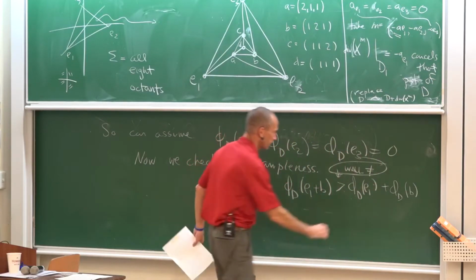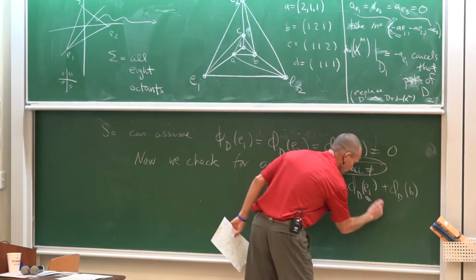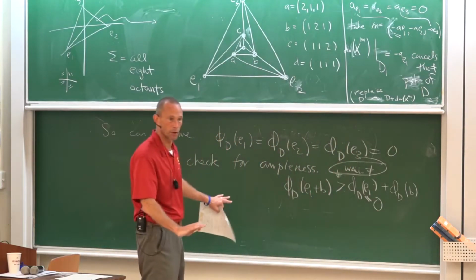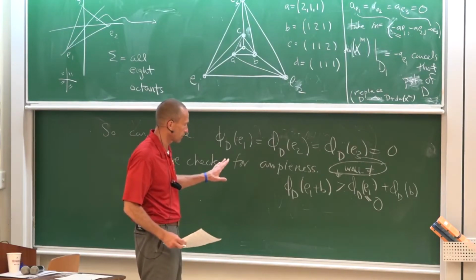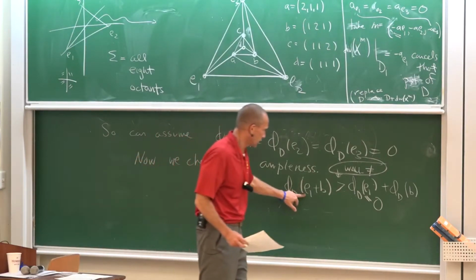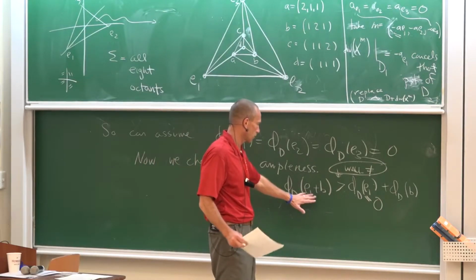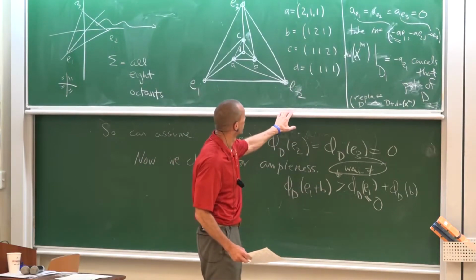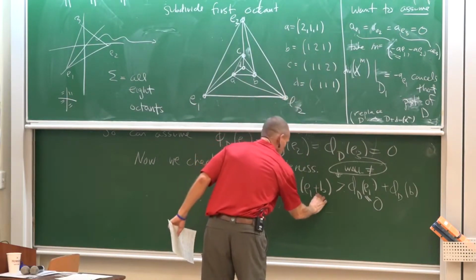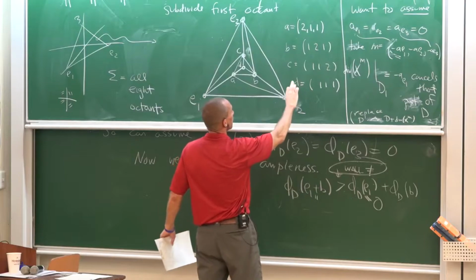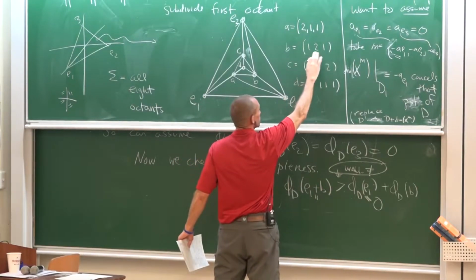But our assumption was that phi sub D of E1 is 0. So this seems pretty innocuous. I've just checked one wall inequality. On the other hand, and this is the way things are set up, what is E1 plus B? There's nothing toric going on here. B is 1, 2, 1. So E1 plus B is 2, 2, 1.